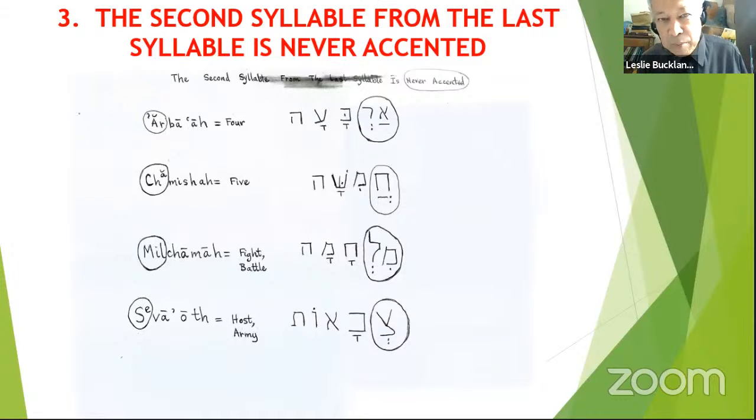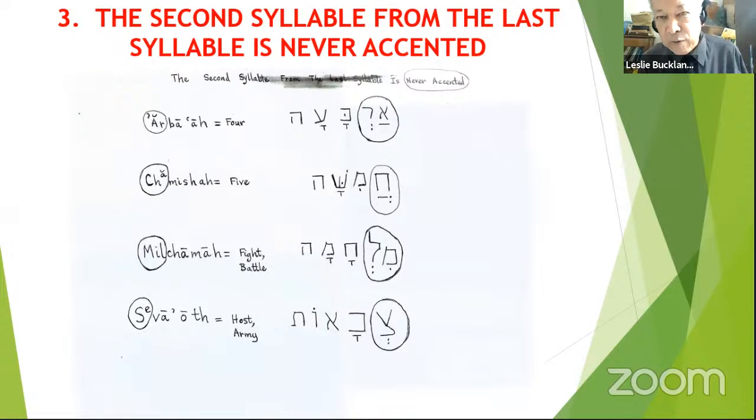Not all Hebrew words have enough syllables that you could actually find a second syllable from the last syllable. Most of the Hebrew words have 2 syllables only, and so there is not a third syllable that you could call the second syllable from the last syllable.